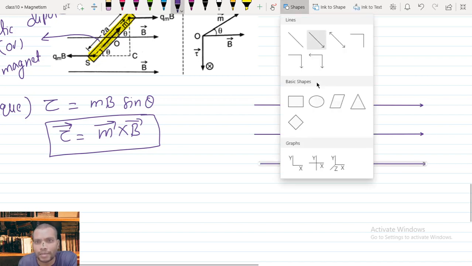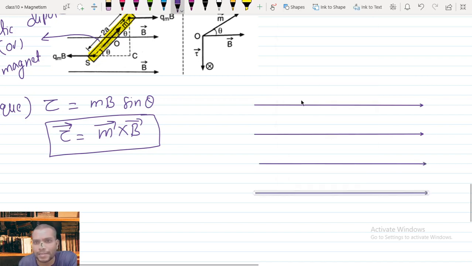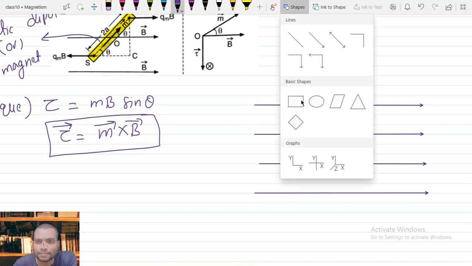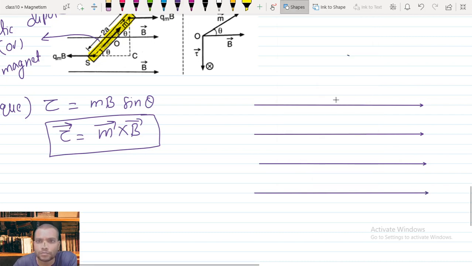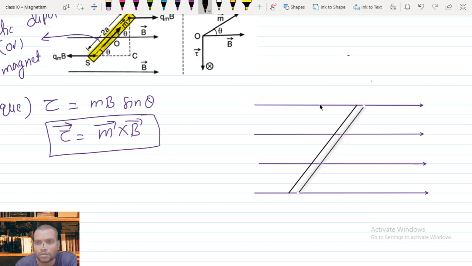In this uniform magnetic field, if we place a bar magnet, I draw a small bar magnet placed in a uniform magnetic field. Let it be a bar magnet or a magnetic dipole. Don't be confused, I always use bar magnet or magnetic dipole. They both are equivalent. They both are the same.